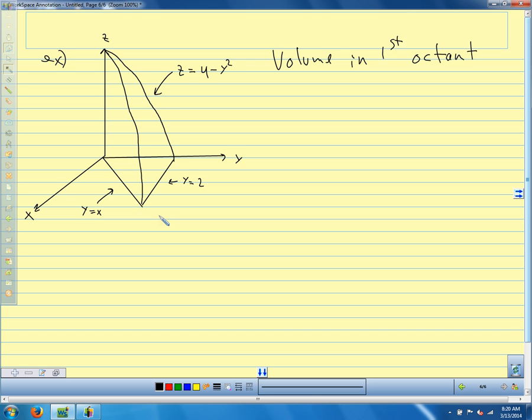We want to set up the integral for both orders of integration. So we need our region in the xy plane. So let's sketch our region in the xy plane. I always recommend, even if we have it written out like this, sketching a little xy plane so you make sure you get your region right.